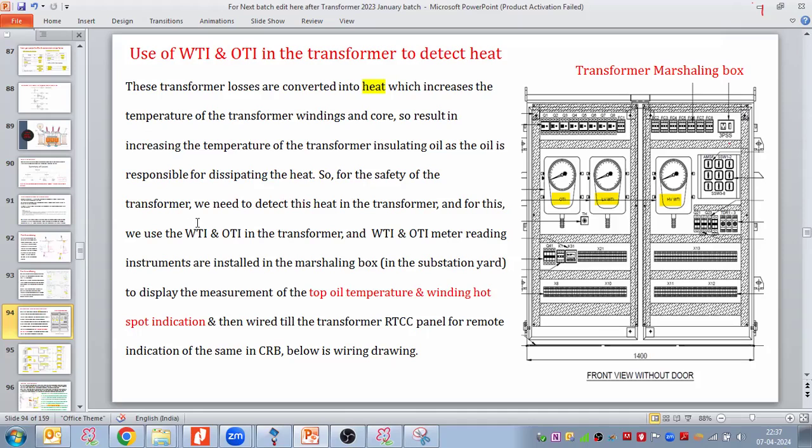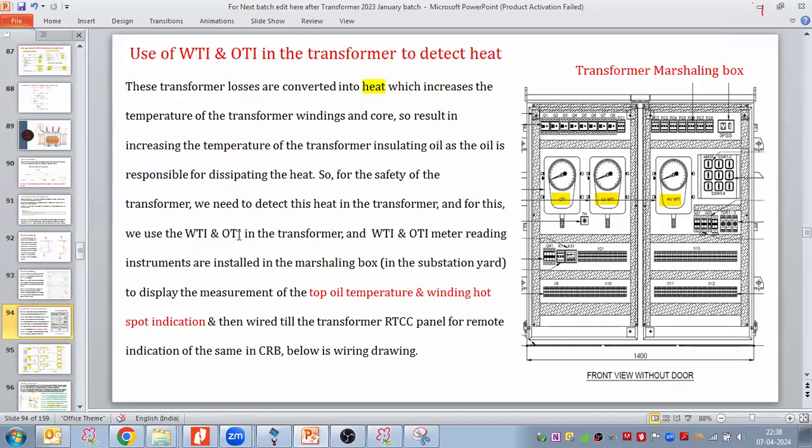But what will happen? The winding heat may not be uniform everywhere. So in addition to the winding heat, we are also measuring the oil heat. What is the temperature increase of the oil as well?